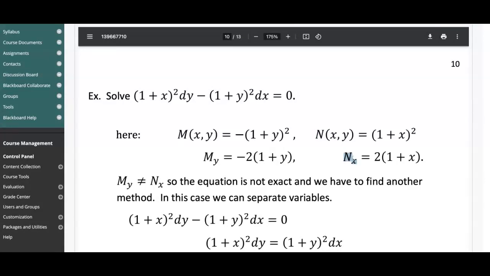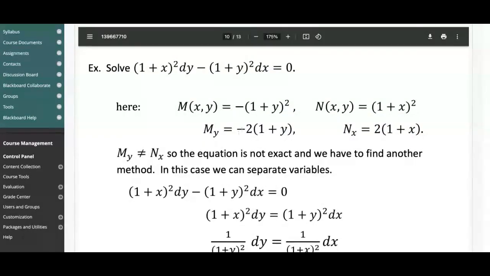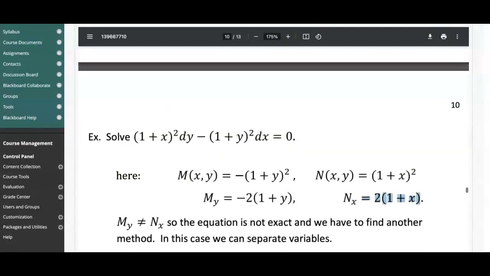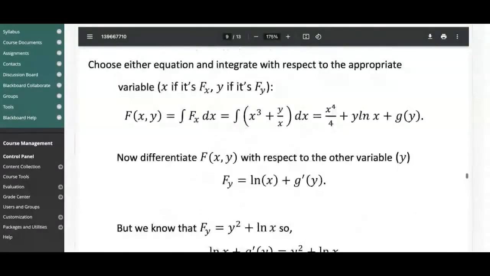So partial N, partial x is the mixed partial. If we differentiate this in terms of x, we get a positive 2 times 1 plus x. And in this case, what happened? The mixed partials do not agree with each other. So what do we do with this? We cannot go this way.